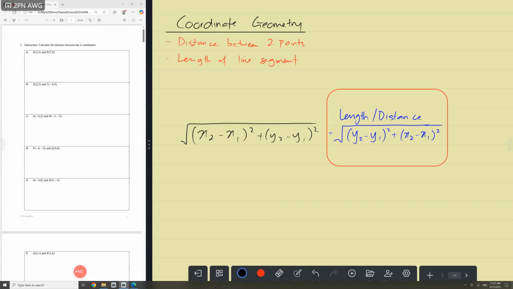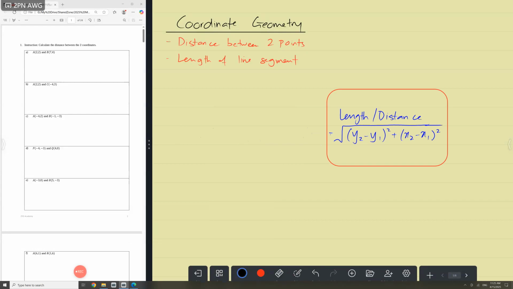It's just a matter of moving the x2 minus x1 to the front and y2 minus y1 square to the back. Okay, so it is still possible, and it is also okay if you choose to not use x2 minus x1 and y2 minus y1, meaning you can also use y1 minus y2 and x1 minus x2 as long as they are consistent.